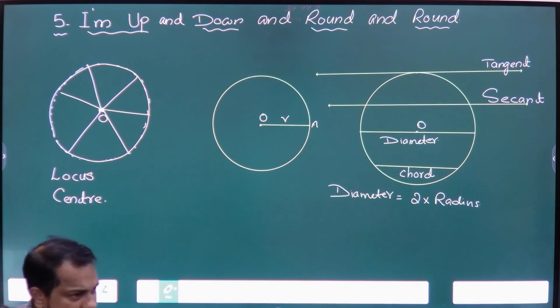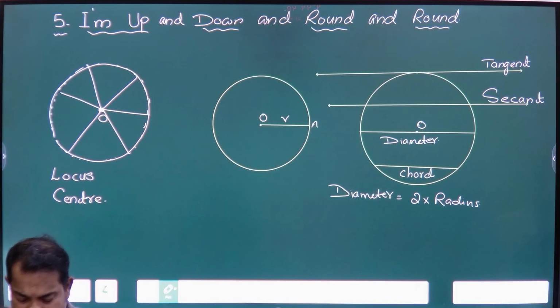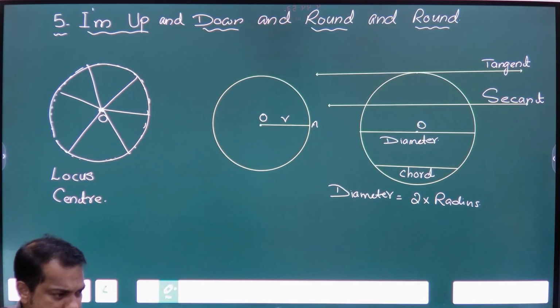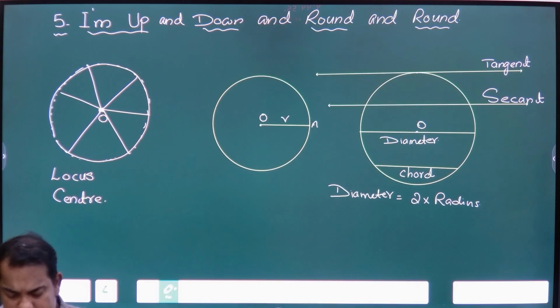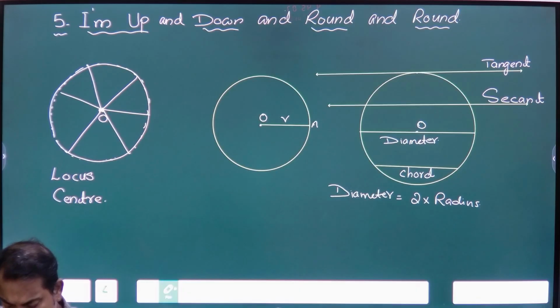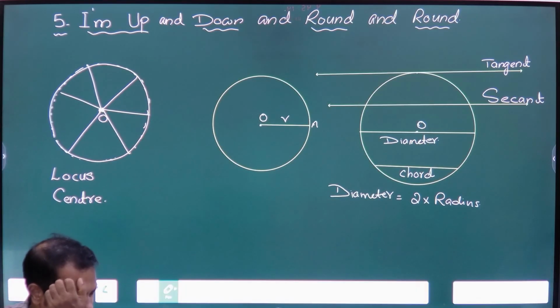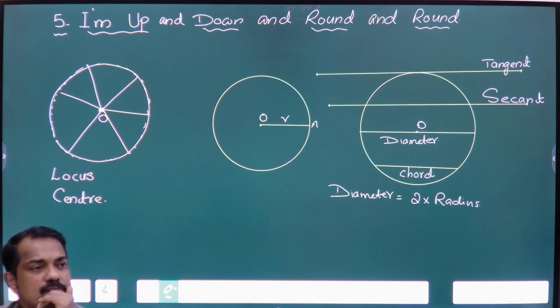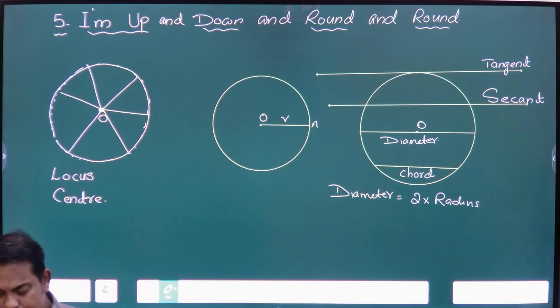Next point. The set of points that satisfy a given condition is called locus of points.